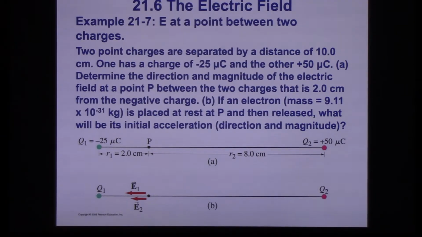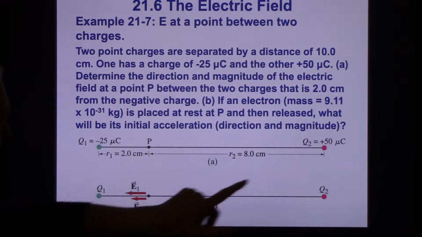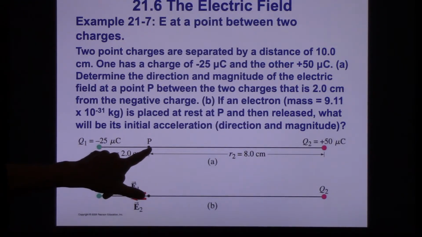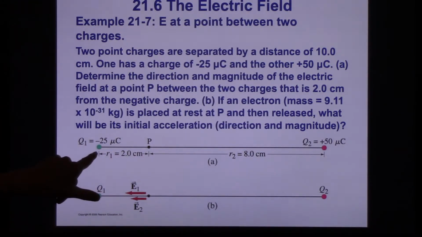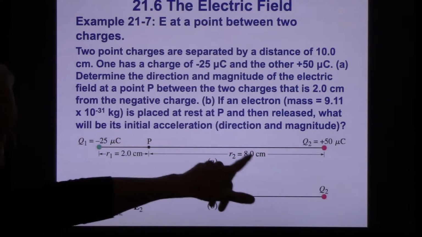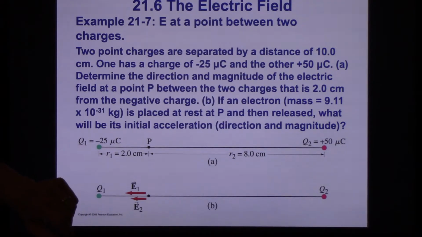So what we've got here now is I have a charge over here, it's negative, and I have a charge over here and it's positive. And I want to take a look at this location right there, a certain distance from charge 1, a certain distance from charge 2, and I want to find out what the combined electric field effect will be due to the presence of both of those charges?